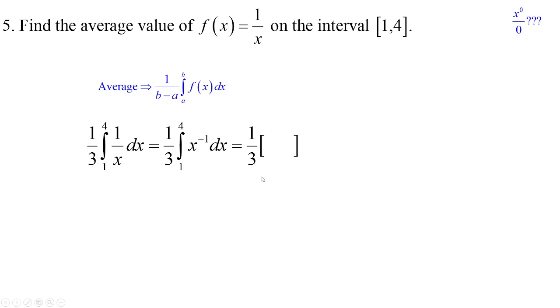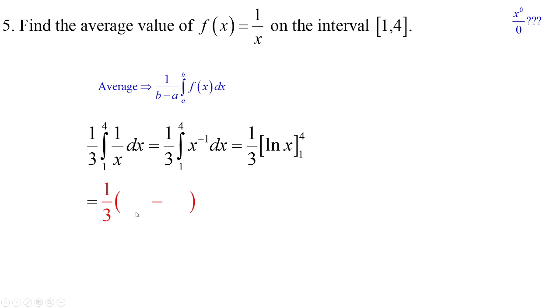Well, I got to remember that the antiderivative of 1 over x is the natural log of the absolute value of x, but if I look at my bounds, I don't need that absolute value right there. So here we go. I said power rule, I meant I'm going to do the definite integral here.